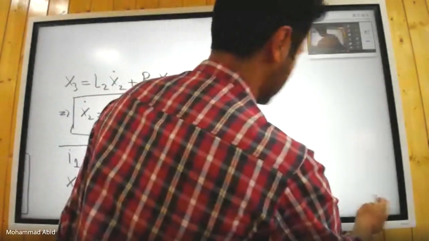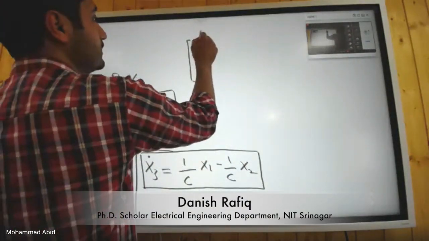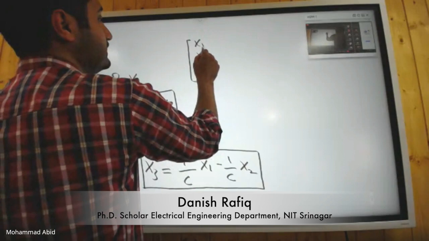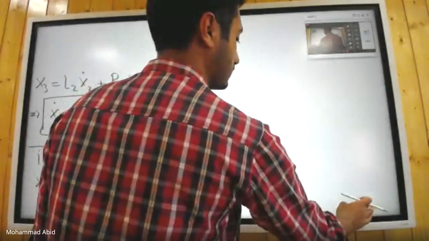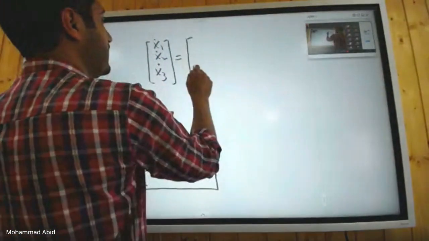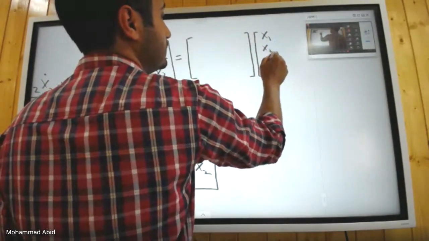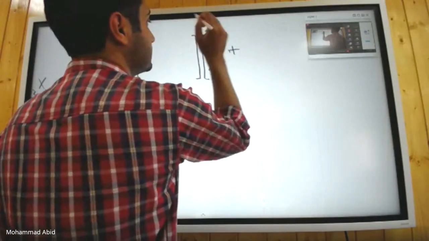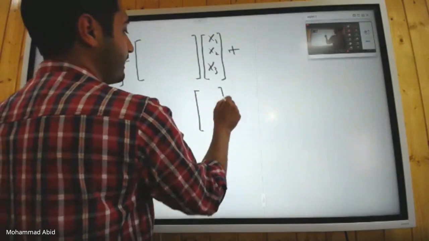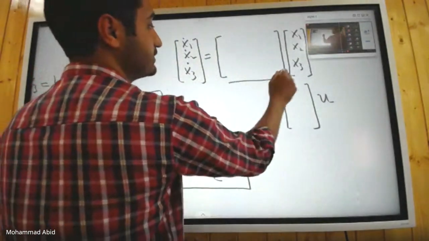Yes, sir. Now we can write it in matrix form, just like I showed you. In matrix form, you will have x1, x2, x3 with dots, equal to a matrix A times x1, x2, x3, plus a B matrix times U. Now you just have to fill this A matrix and this B matrix.